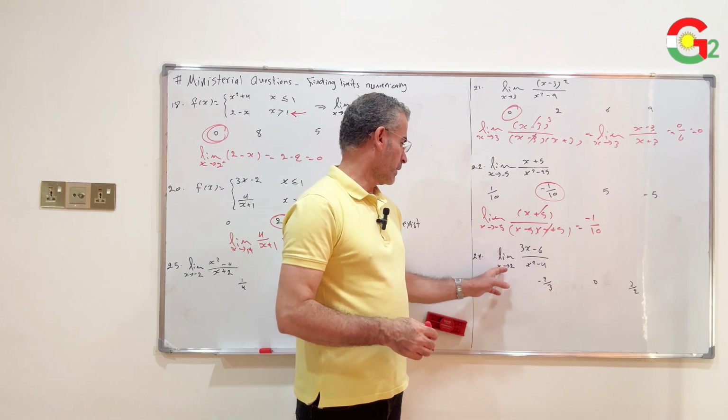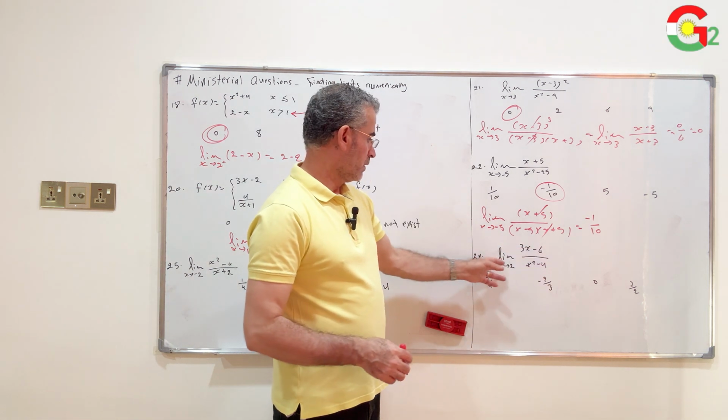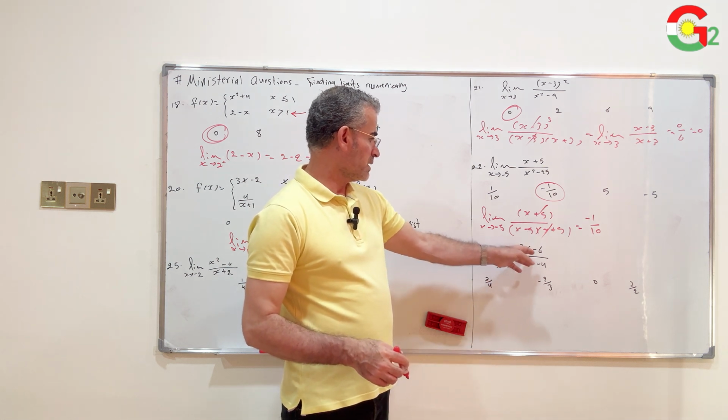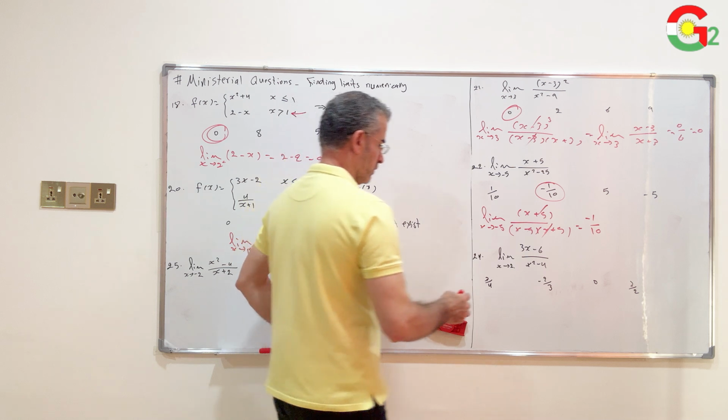Question number 24. Limit when x approach to 2 for 3x minus 6 over x power 2 minus 4. Substitute x directly, 6 minus 6, 0 over 2 power 2, 4 minus 4, 0.